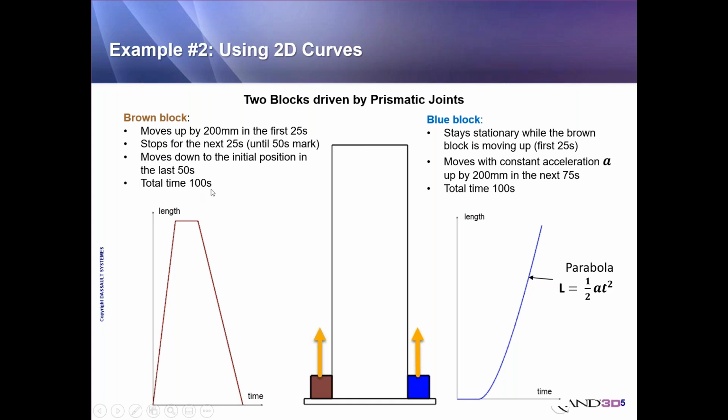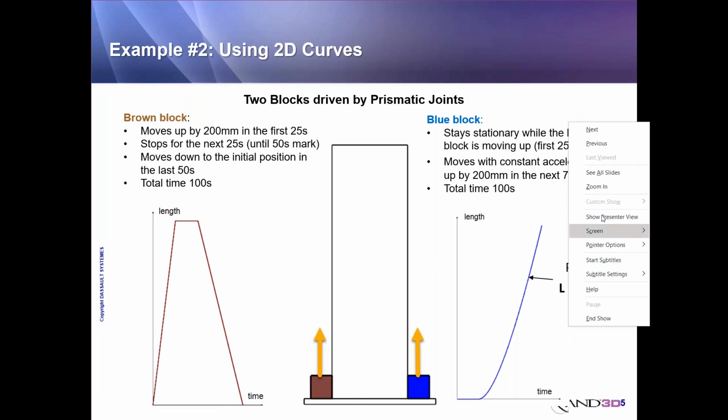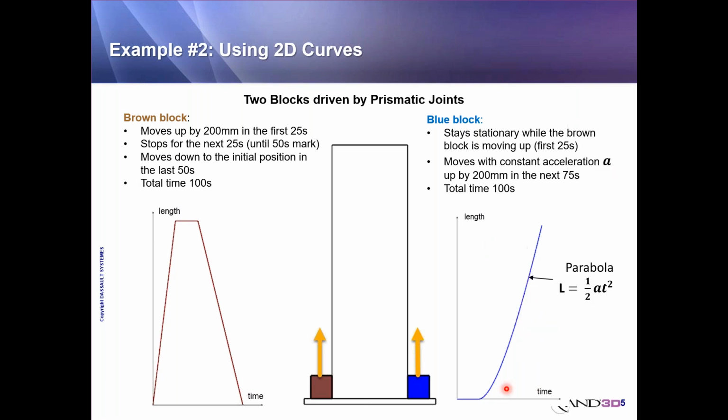As far as the blue block, it's going to experience a different kind of motion, okay? And it's going to stay put for the first 25 seconds when the brown block is moving up, so up to this point. Okay, so it stays put, and then it starts accelerating according to the parabolic law.